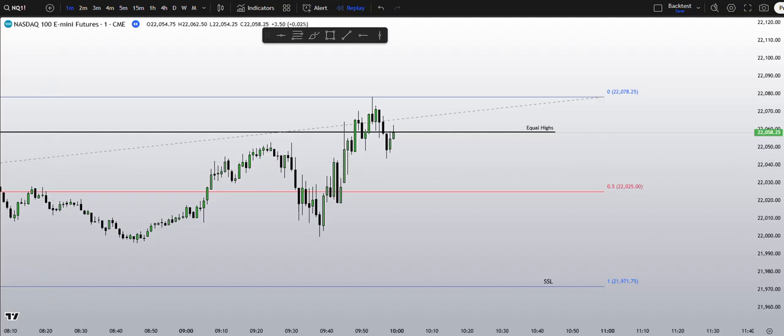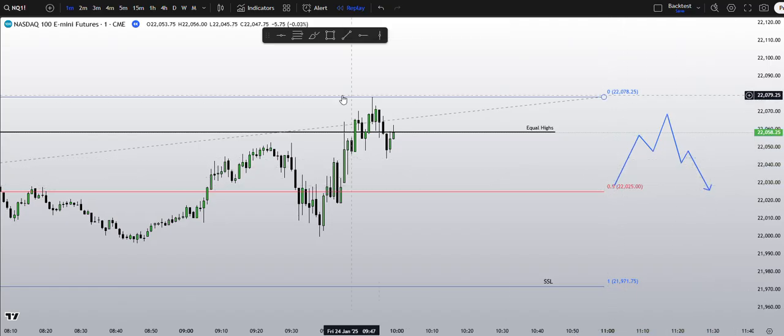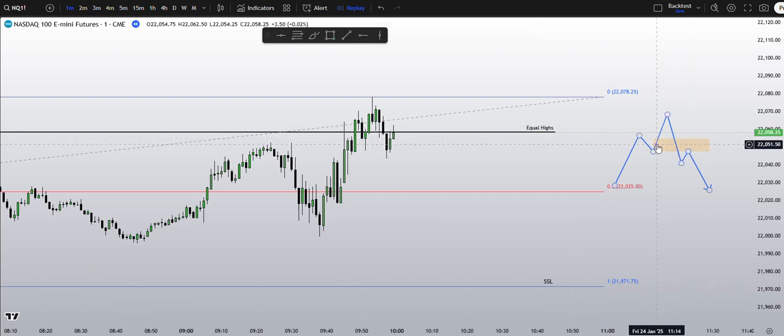I'll just show you what a breaker is with my path before I mark it up for you. The breaker is this right here.